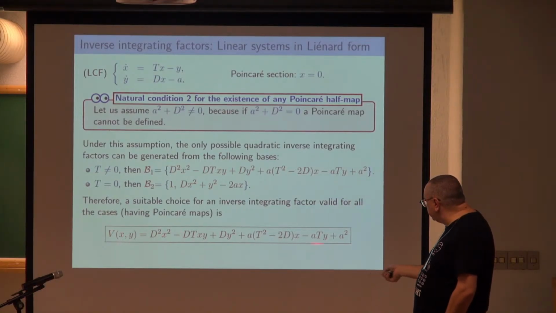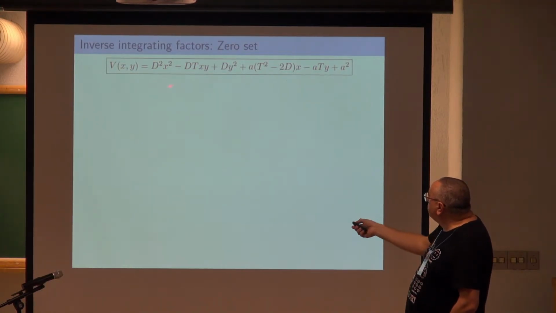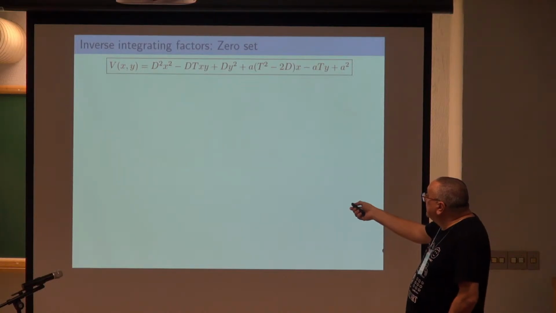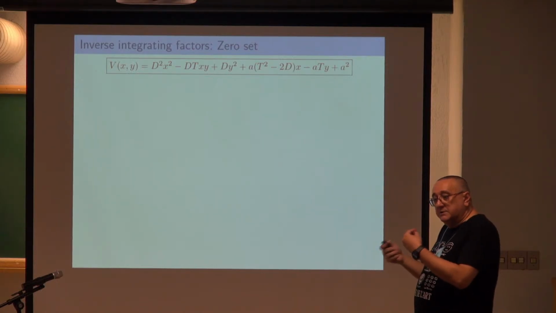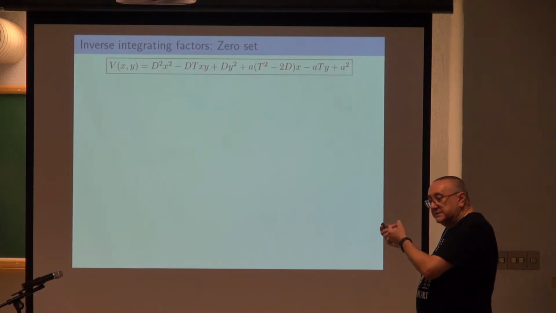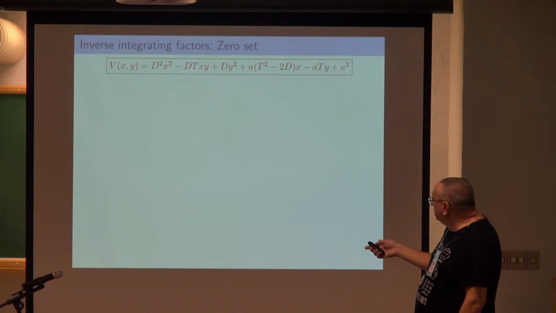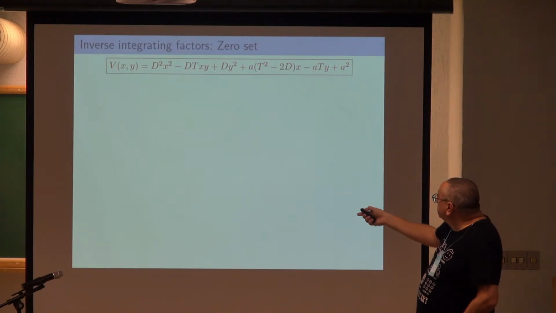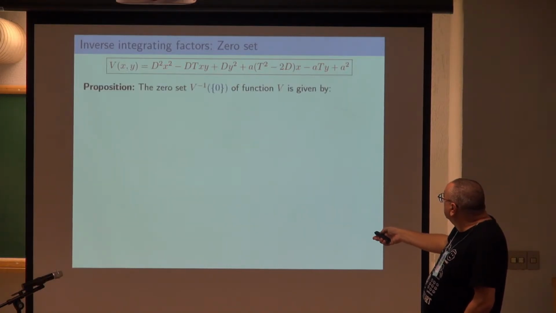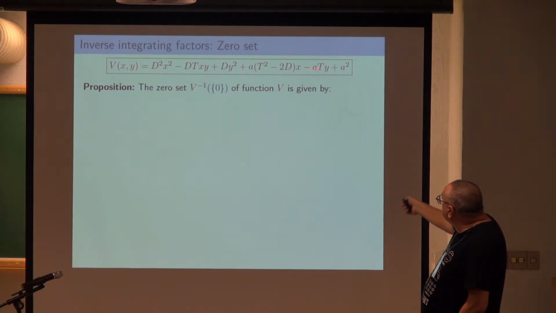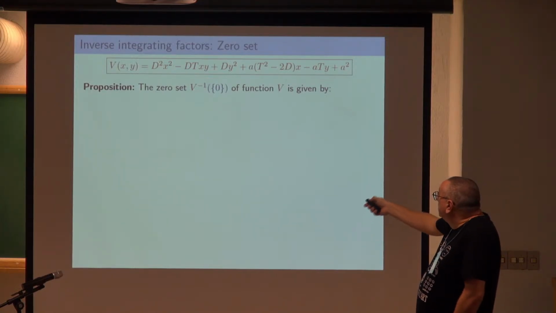From now on, in several slides, I will repeat this expression several times. But something about this inverse integrating factor. As I told you, the inverse integrating factor is very important for many reasons. But one of the most important things is that the zero set contains a lot of important orbits of the system. So we have to study the zero set of this object. Well, this is a second order equation in x and y, so what you can find from here are just conic sections, and not all the cases.